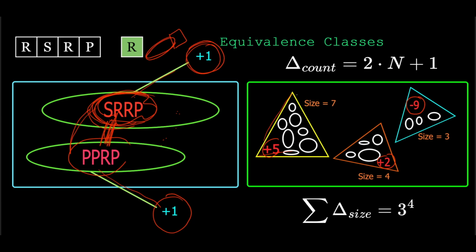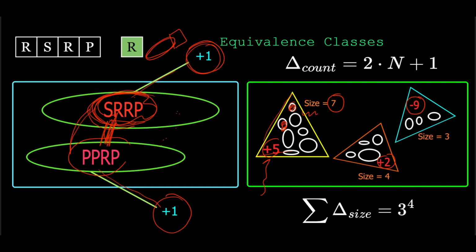Now notice that in this triangle, all the ellipses are essentially the same. So we don't really need to create all these 7 ellipses. We don't really need to track them anymore. We only care about how many ellipses there are, because that means that we only want the total number of configurations that will lead to this particular score.